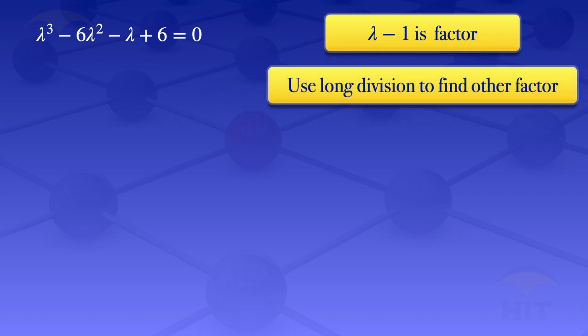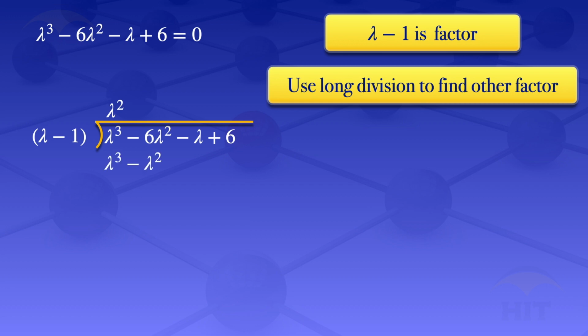So using long division, I'll write the factor lambda minus 1, then the polynomial under the division sign, lambda cubed minus 6 lambda squared minus lambda plus 6. The leading term lambda cubed divided by lambda gives lambda squared. Multiply the lambda squared by lambda minus 1 and we have lambda cubed minus lambda squared.